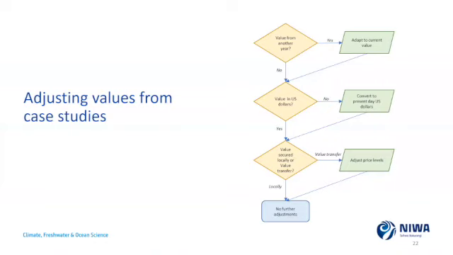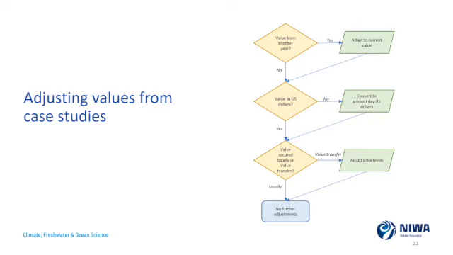When you're taking values from another case study, there are a few steps you'll need to do to adjust it to the local context. Firstly, the value might have been from a study done several years ago, in which case you'll need to convert it to current terms by using a measure of inflation or perhaps a producer's price index. Secondly, it might not be in your currency, so you need to convert it using exchange rates.